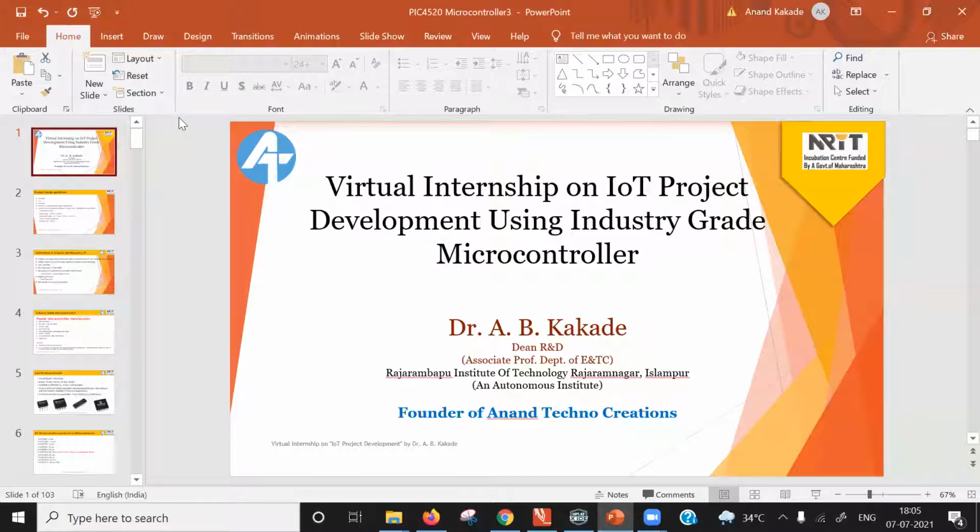So I would say, if you thoroughly understand I2C protocol implementation using industry grade microcontroller, it will prepare you for taking a job in embedded system to a large extent. I would not say 100%, but you will be prepared for taking a job in embedded system domain to a large extent.